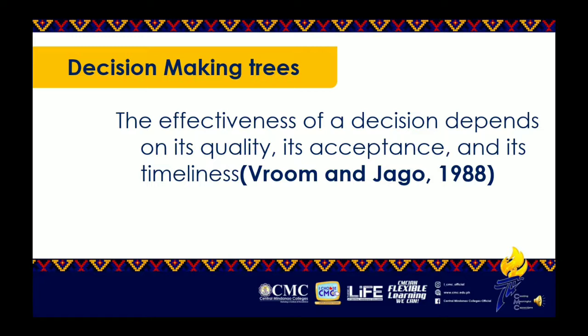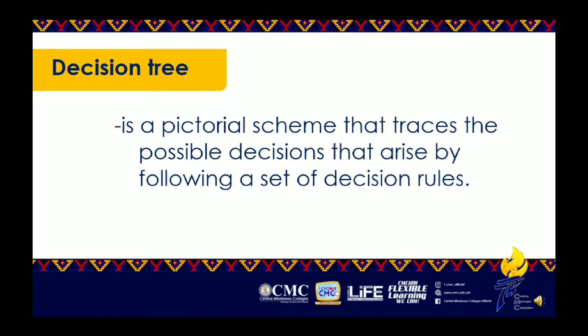This also allows an individual to tailor solutions to arising problems. It is a pictorial scheme that traces the possible decisions that arise by following a set of decision rules.